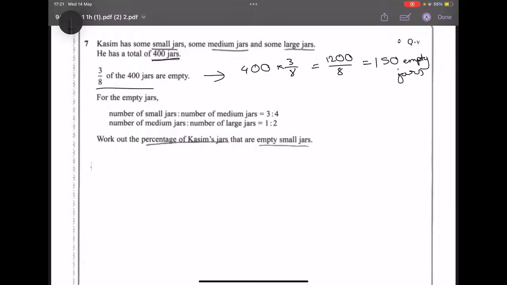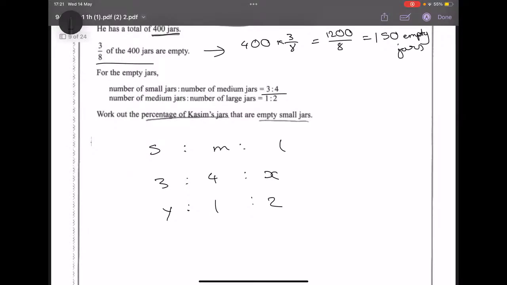For the empty jars, the number of small jars to medium jars is 3 to 4. The number of medium jars to large jars is 1 to 2. Therefore, we would write this down: small to medium to large, 3 to 4 to x, and y to 1 to 2.